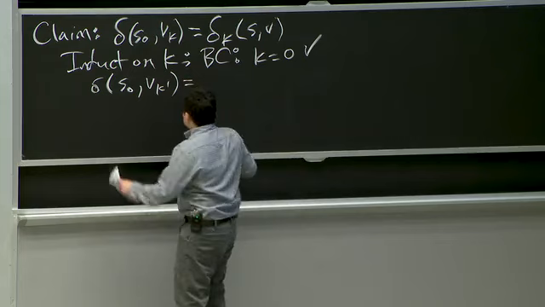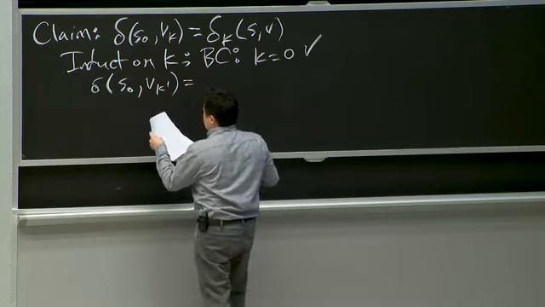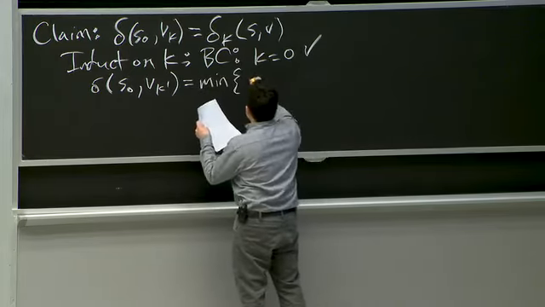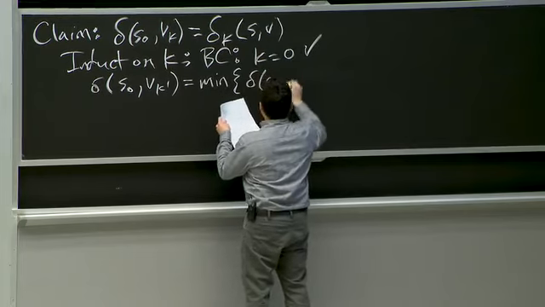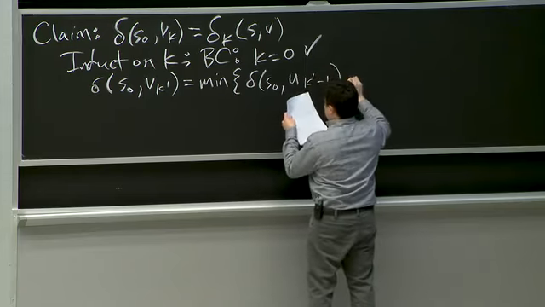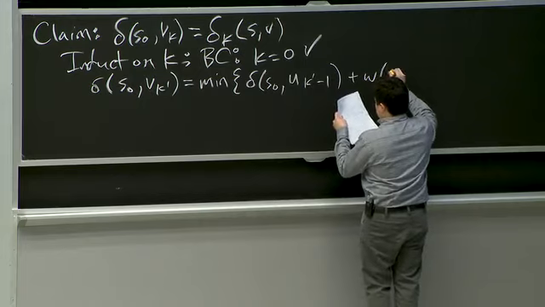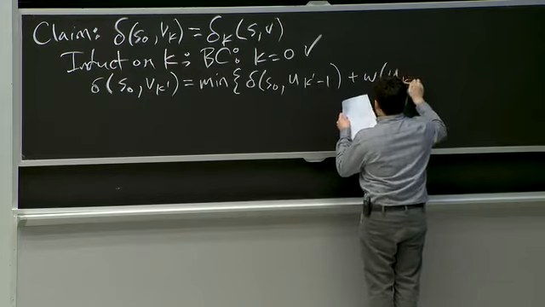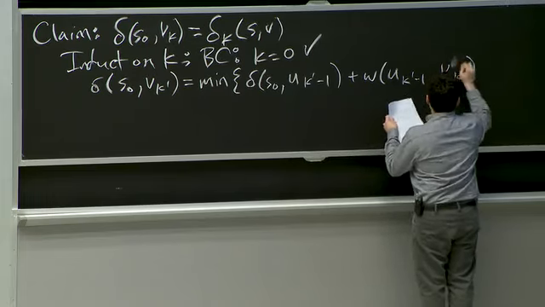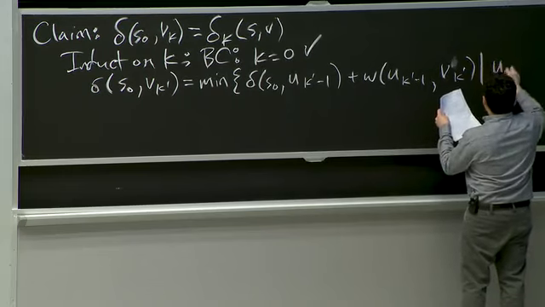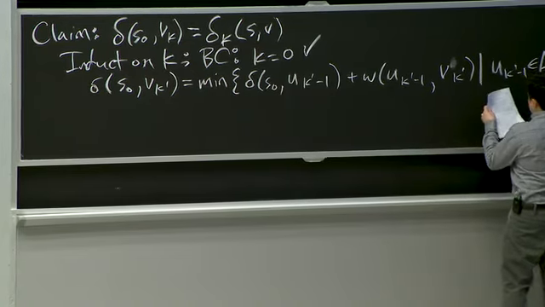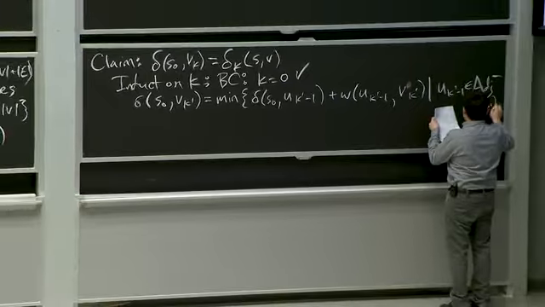Well, by definition of a shortest path, this is the minimum over all incoming vertices u of k prime minus 1 in the incoming adjacencies of v k prime, of the shortest path from S0 to u of k prime minus 1 plus the weight of the edge from u of k prime minus 1 to v k prime.